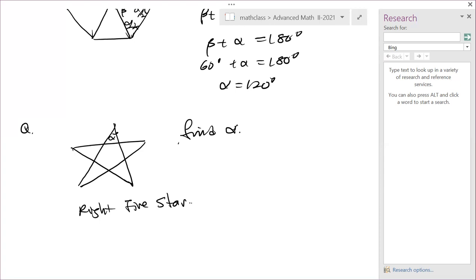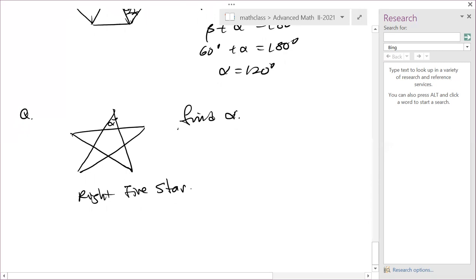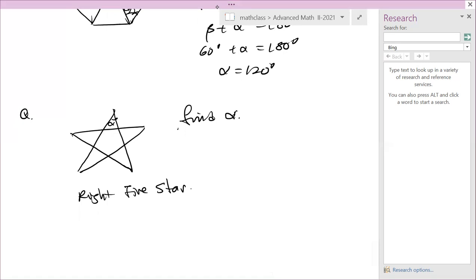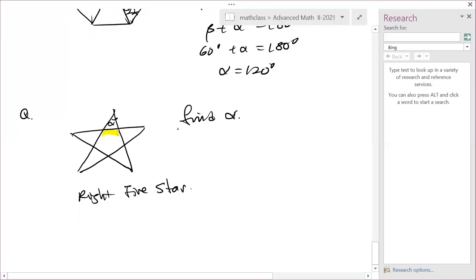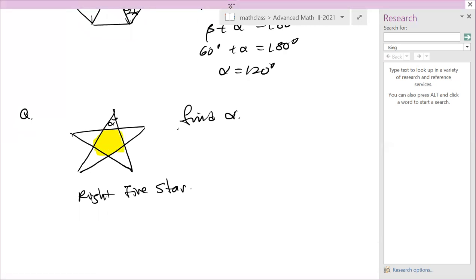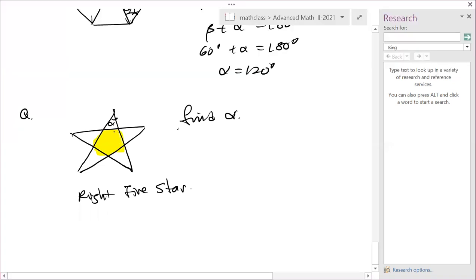All right, okay, let's see. Now, if you notice that this is a regular hexagon, then you solve the problem immediately. So let's see how to do that. This hexagon, this is 120 degrees, right?